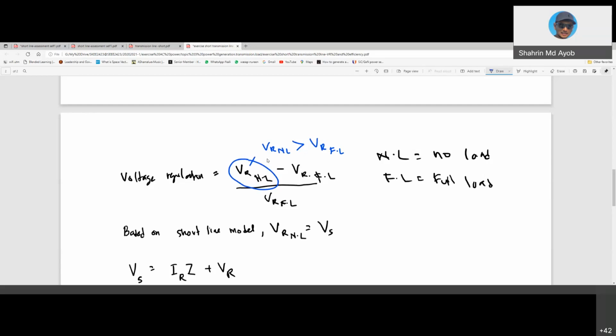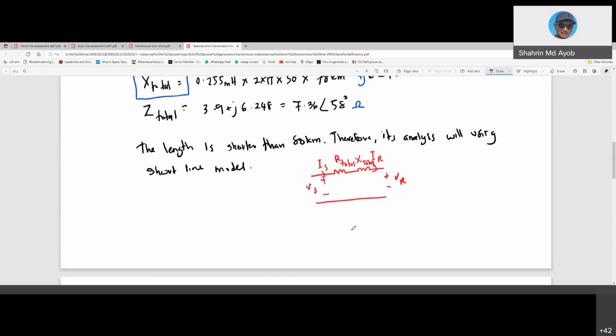So based on the short line model here, when V_R is open circuit, which is the no load condition, you will see that the current is zero.